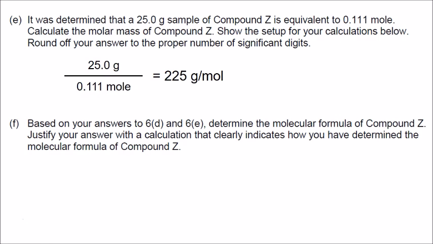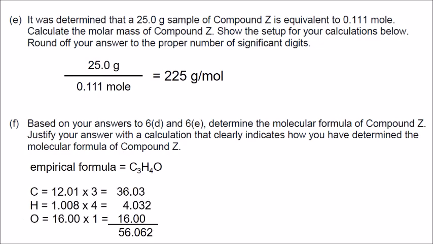Now let's combine the empirical formula with the molar mass so we can determine the molecular formula of compound Z. The empirical formula is C3H4O, and if we add up the atomic masses in the empirical formula, we get a mass of 56.062. The molar mass is 225.